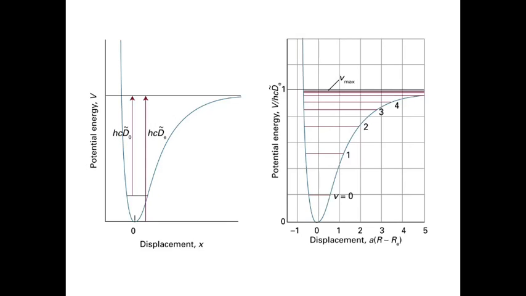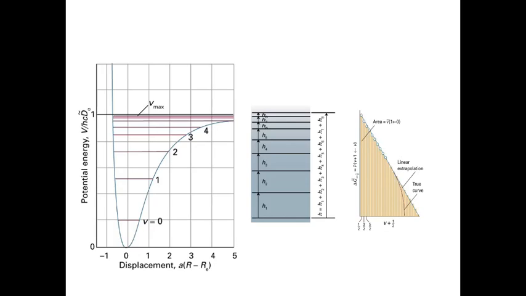Alright, that's cool and dandy. Then we can add up all these vibrational energies here. Here's the first step of vibrational energy, and the next, and the next, and they get closer and closer together. This is what we call the Birge-Sponer plot, which many of you built when you did the I2 spectroscopy lab.